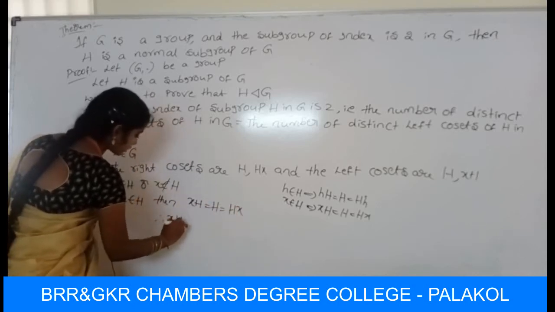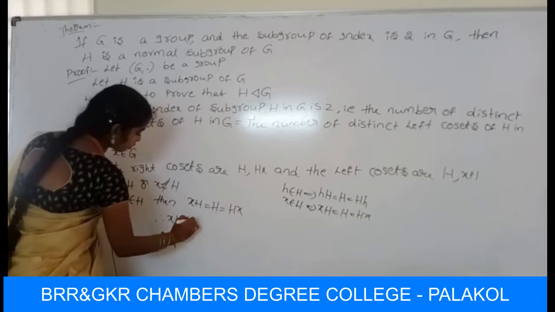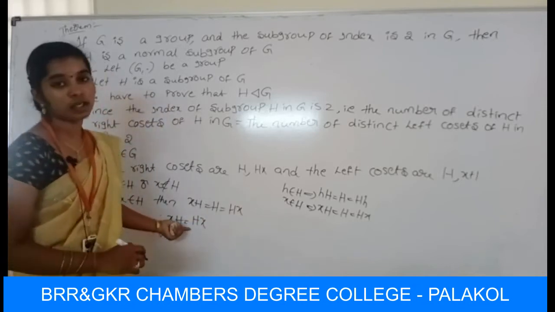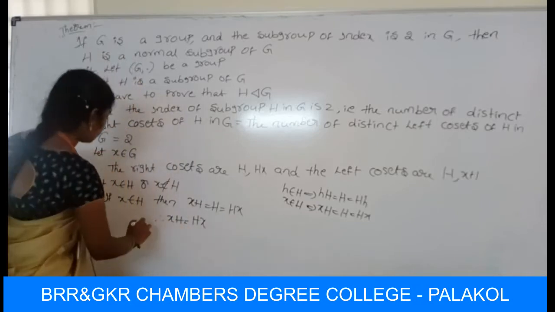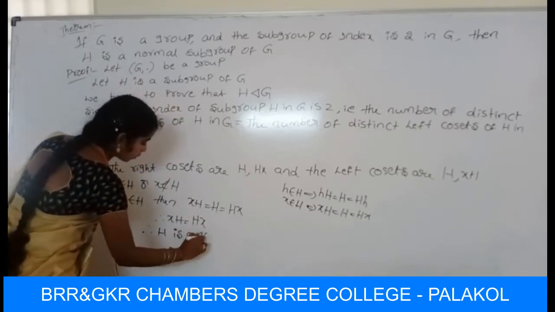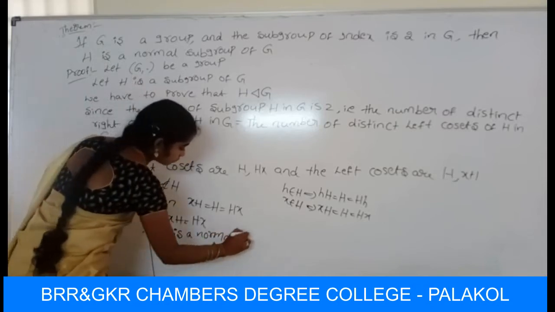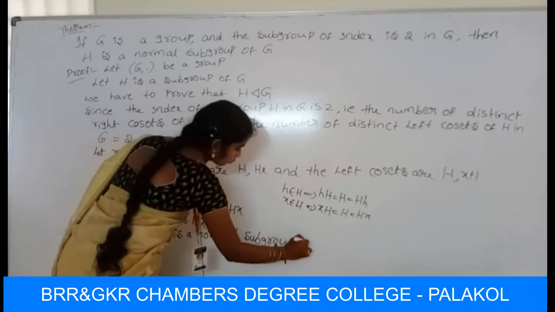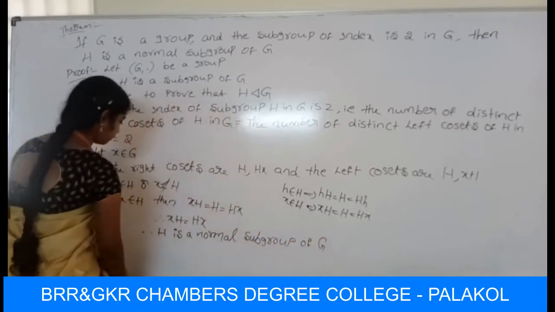Therefore XH is equal to HX, which means H is a normal subgroup of Z.